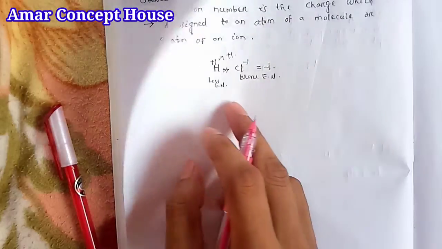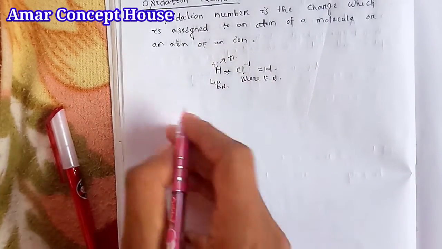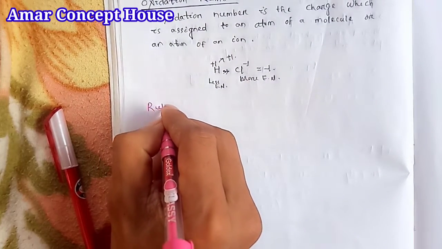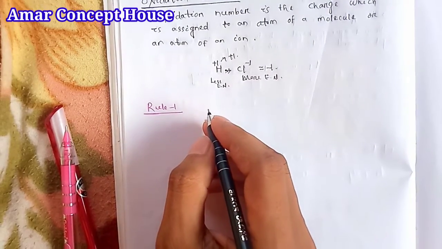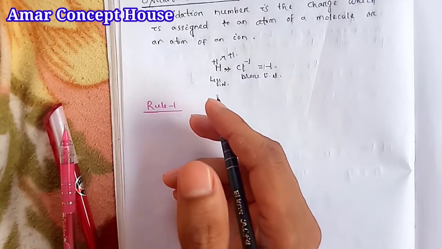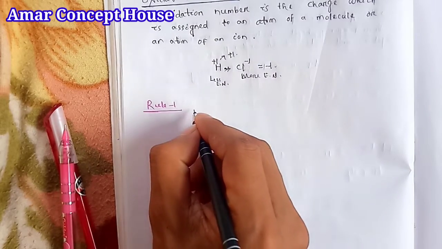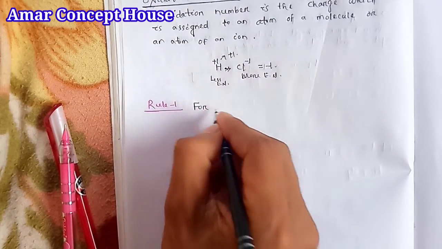Let's discuss some important rules to find the oxidation number or oxidation state of a molecule. Rule number 1: for elements in their elementary state, the oxidation number is 0.